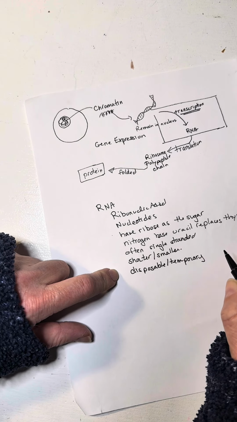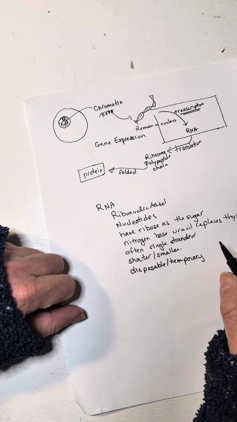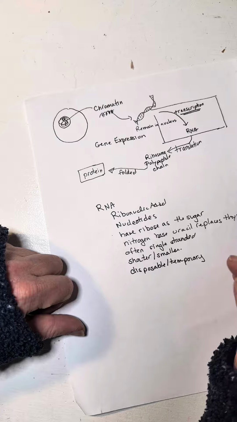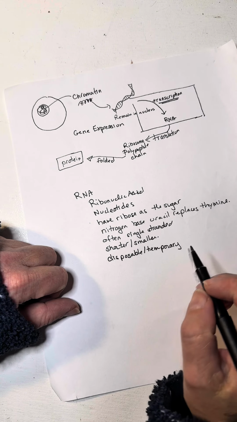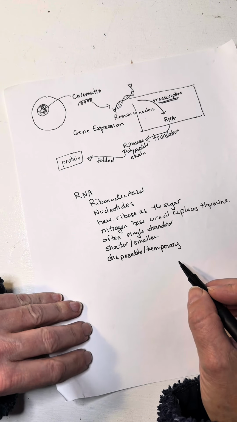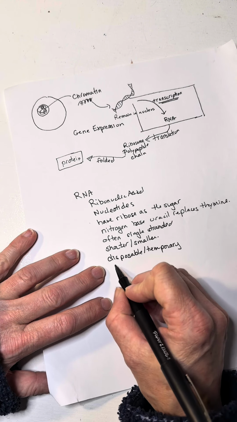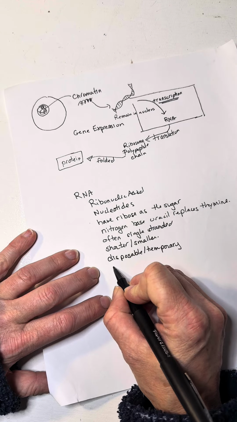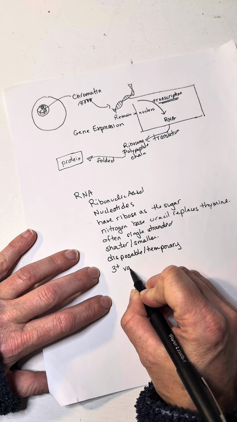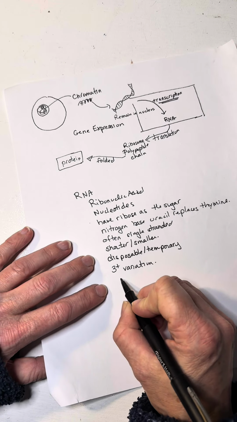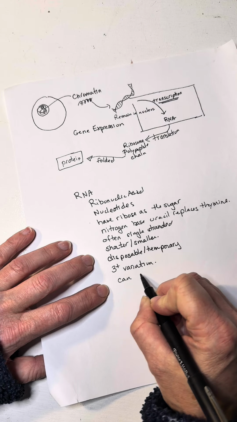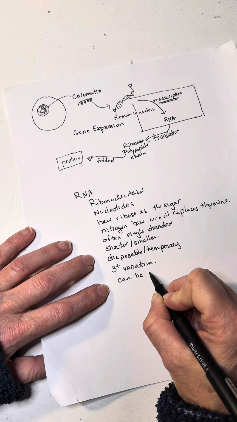That's actually important, because one of the reasons the DNA doesn't leave the nucleus is that it's so critical that it remain intact. So it stays behind its extra barriers in the nuclear envelope for protection. Two more things: RNA comes in three or more varieties, and some types of RNA can be catalytic. In other words, they can cause reactions to happen.